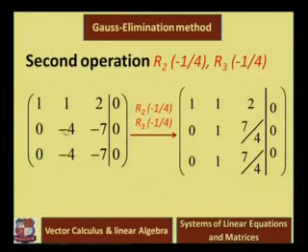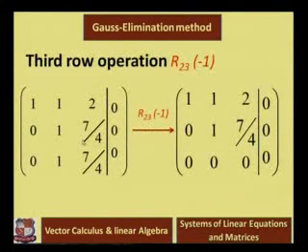Divide the second row by minus 4, and the third row by minus 4. The resultant matrix is 1 1 2 0, 0 1 7 by 4 0, and 0 1 7 by 4 0. Notice the resultant matrix again.